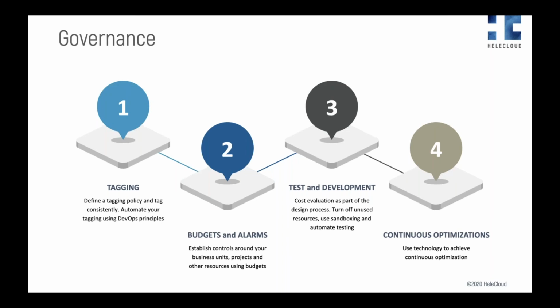So the final thing I want to focus on is the one on the left, which is tagging, and the impact that this has on cost control. Now, tags have a wide range of uses, but here we're talking about use of tags for cost control specifically.